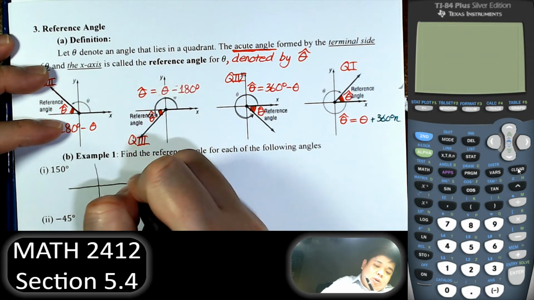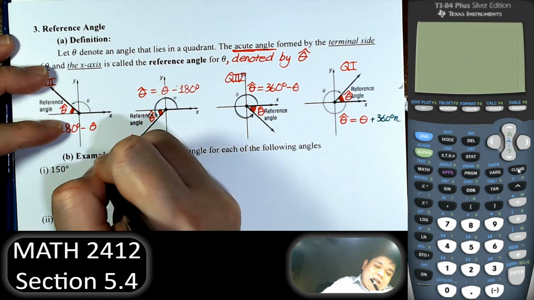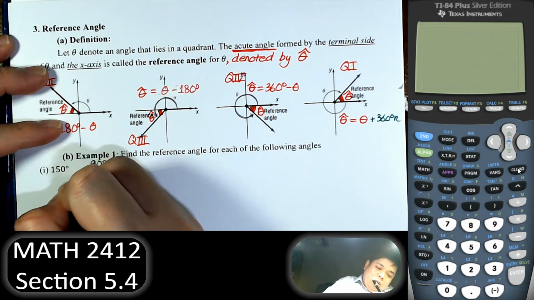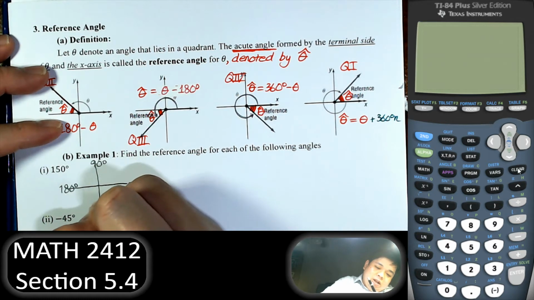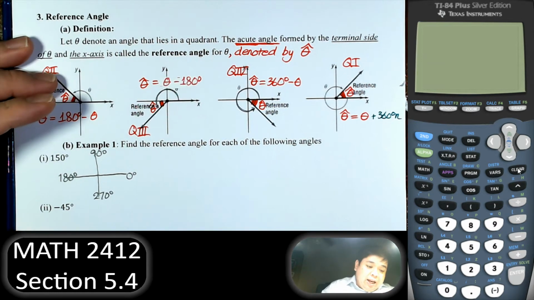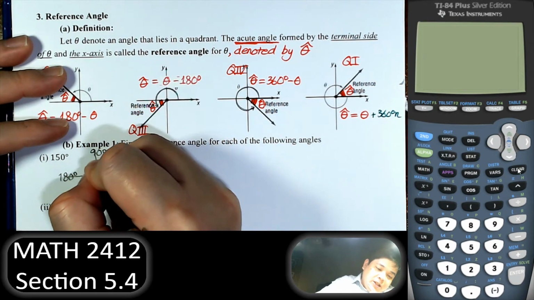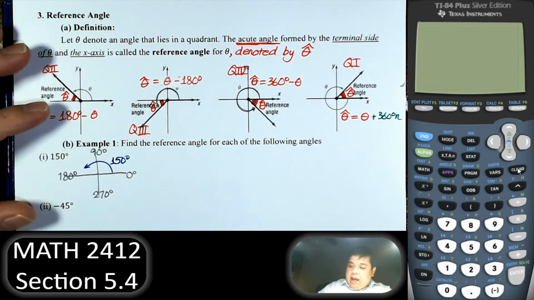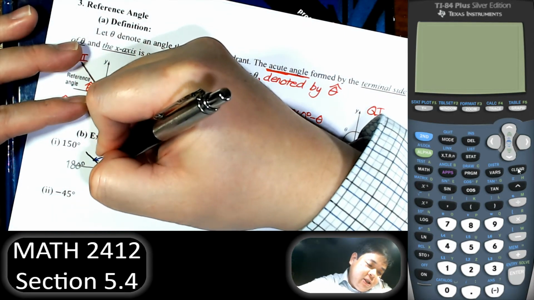150 degrees, well, we know that is 0 here, 90, 180, 270, and back to 0 or 360. Now we talk about 150 degrees, so we stop here. And so we have the terminal ray is this.